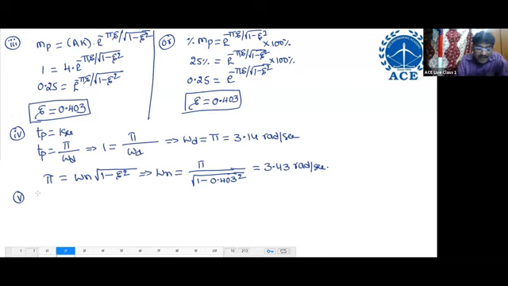Next, delay time, TD. It is (1 + 0.7 zeta) by omega n. Find the delay time. How much?